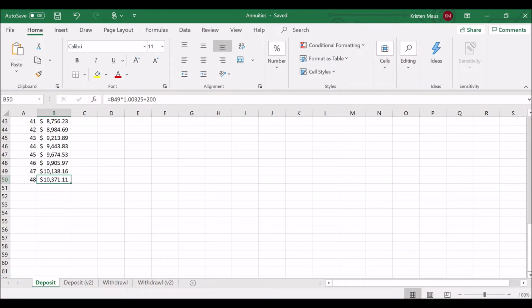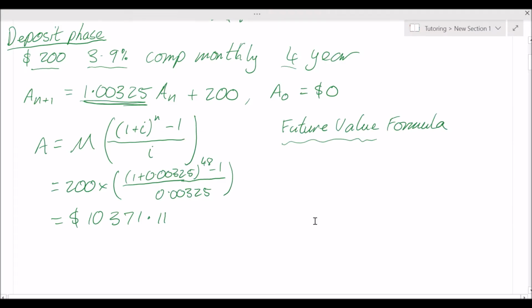So we know it's worked. Lovely. So that's your future value formula.